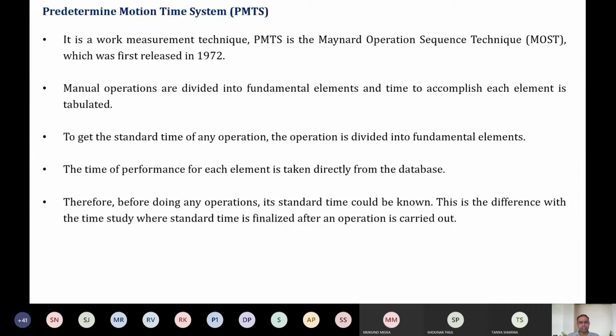To understand this MOST technique better, I will be sharing a research article with you, which was published by your seniors from my earlier industrial engineering classes. People learned about MOST, and we conducted a real-time case study in a German company located on the Vellore Bangalore highway, and we published a paper using this MOST technique. It's a very simple technique.